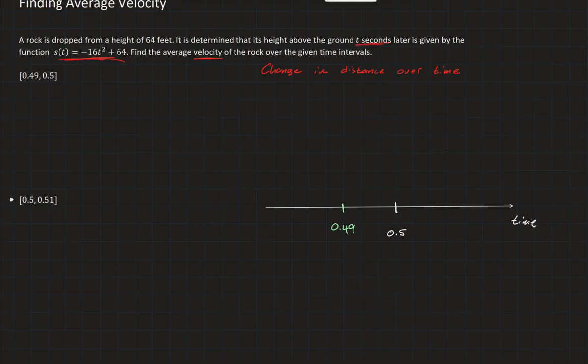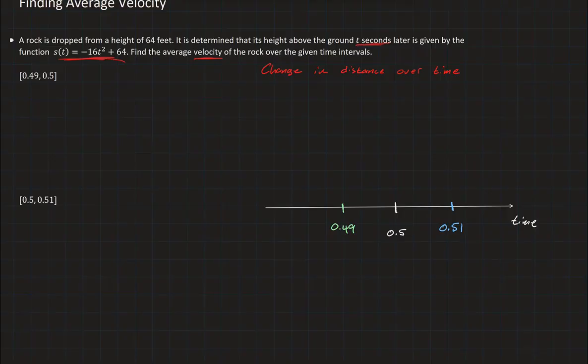So I'll use a different color for that. We use blue here. So from 0.5 to 0.51. These are my two intervals. I have an interval from here to here and then an interval from here to here. And I'm interested in finding the average velocity of the rock over these given intervals.